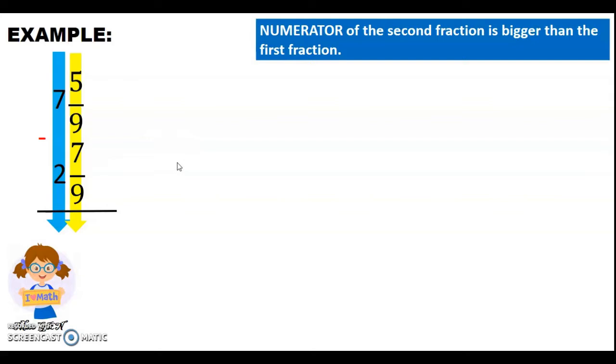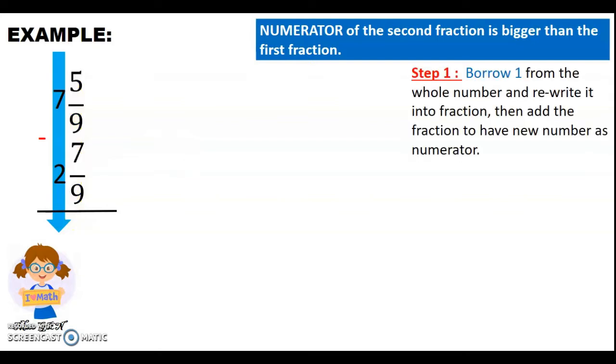So let's go to our step 1. Borrow 1 from the whole number and rewrite it into a fraction. Then add the fraction to have a new numerator. Here, the whole number in our first fraction is 7.